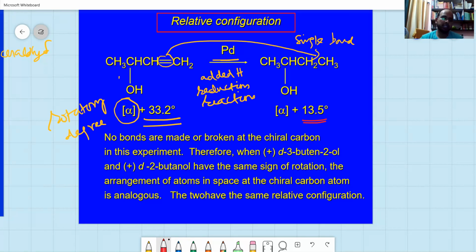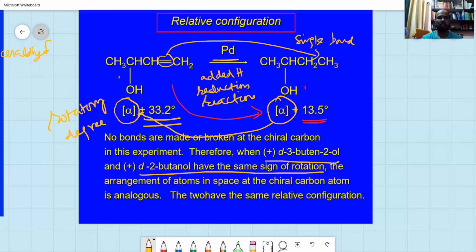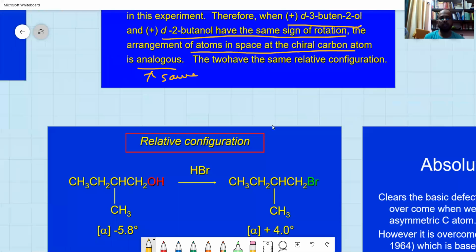But what is important here is, because this compound is prepared from this, no bonds are made or broken at the chiral carbon in this experiment. Therefore, when the two have the same sign of rotation, the arrangement of atoms around the chiral carbon atom is analogous. Analogous means same. The two have the same relative configuration. So that is the relative configuration.